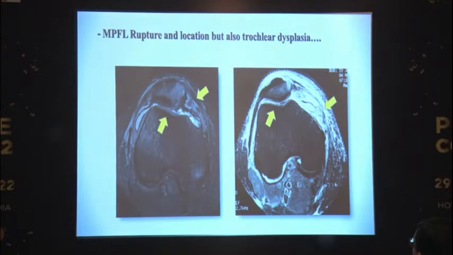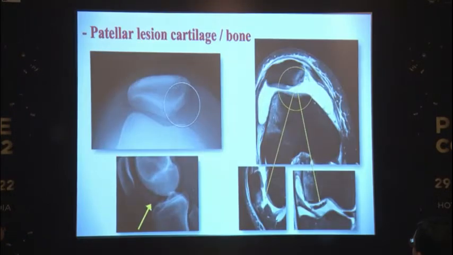You see this is a flat trochlea, definitely. So the patellar lesion and the bone, you can see this small piece of fragment here on the lateral, but if you have asked for the MRI, you will see that it's a huge fragment. So, of course, MRI is very important.